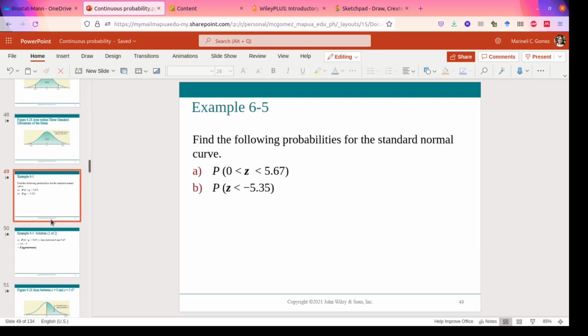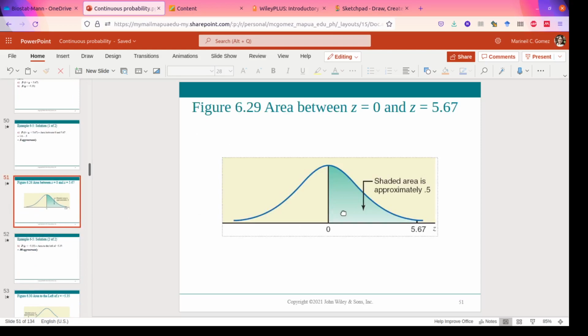Find the probability for the standard normal curve between 0 and 0.567. Since 0 is the mean and the reference point, it is also a value of z.